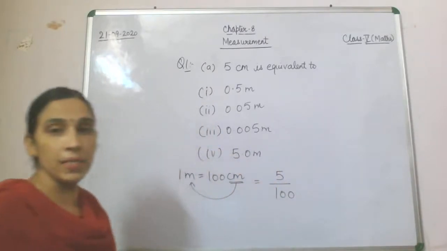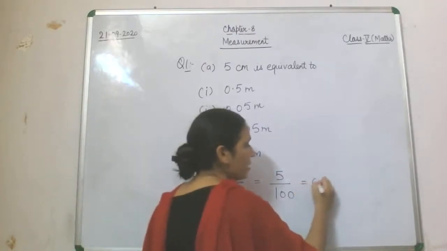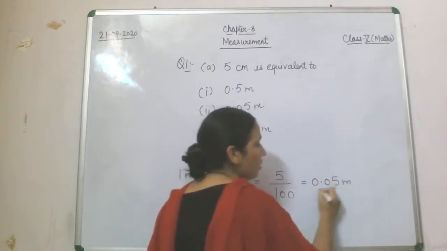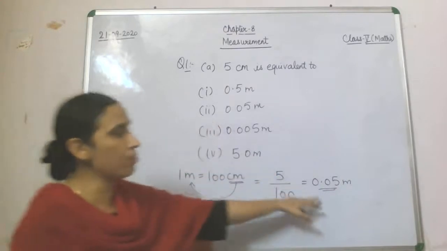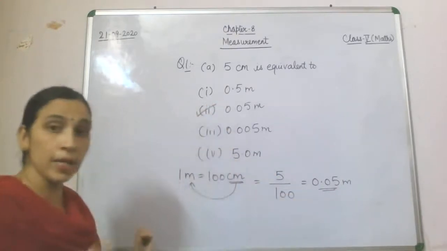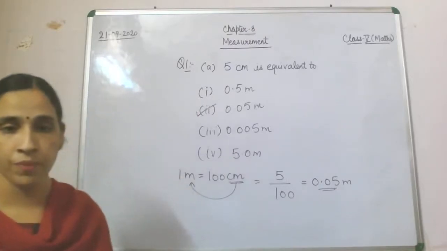So how many decimal places do we require here? 2. So we'll write here 0.05 meter. Is this answer given here? Yes. The second one is the same option. So which is the correct one? This second. Actually these questions are related to conversion only.